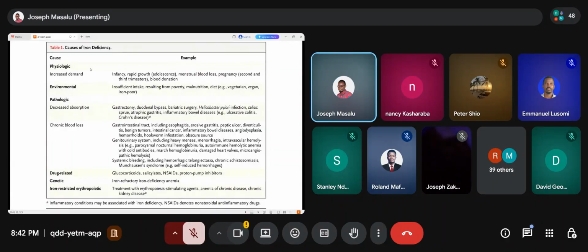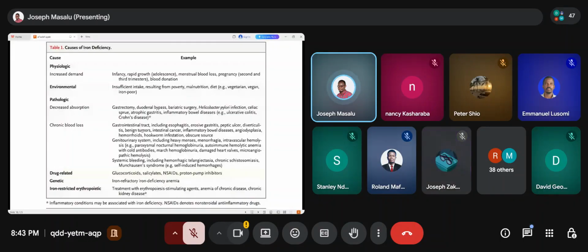Environmental, not likely. So maybe decreased absorption. Looking at this list, maybe two things: celiac sprue and atrophic gastritis, but others not likely. It can't be IBD. These procedures not likely. Chronic blood loss is also possible, maybe from the GI tract, but the patient didn't have any GU symptoms. So maybe from the GI tract.